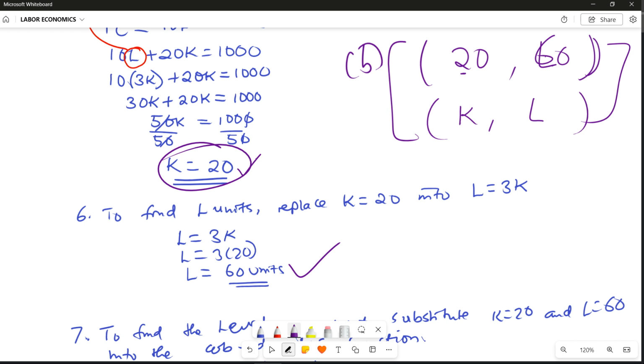We have the values. Capital is 20, labor is 60. So on B there we just put the values. The optimal combination of capital and labor is 20 units of capital and 60 units of labor, as shown above, or as calculated above.